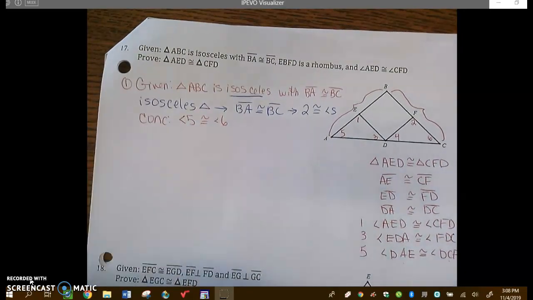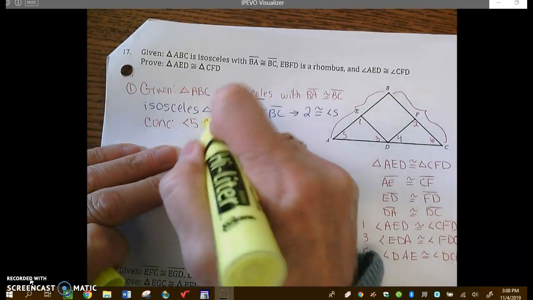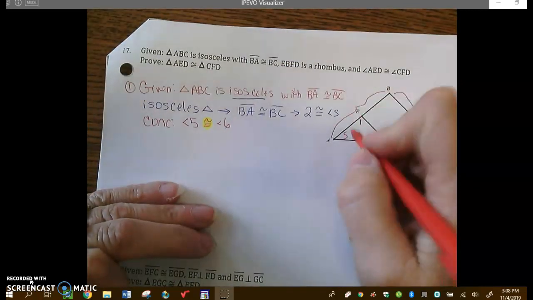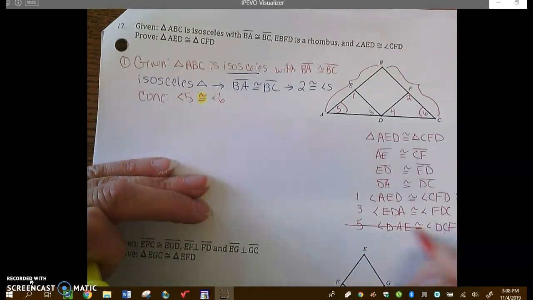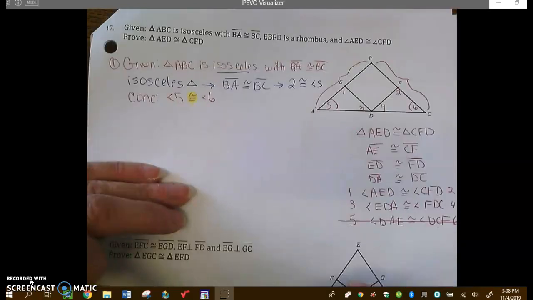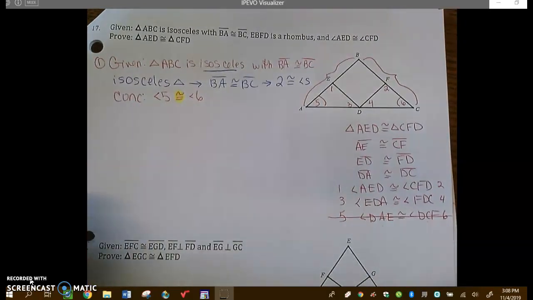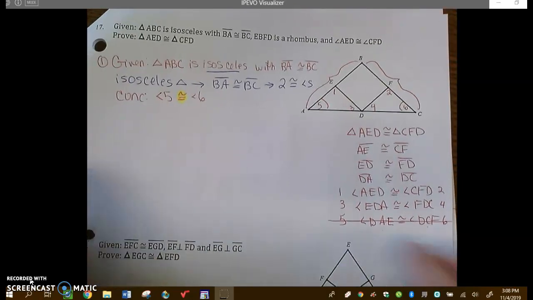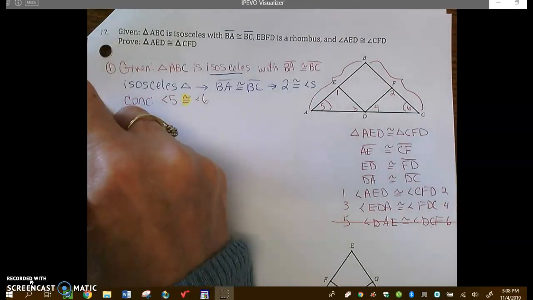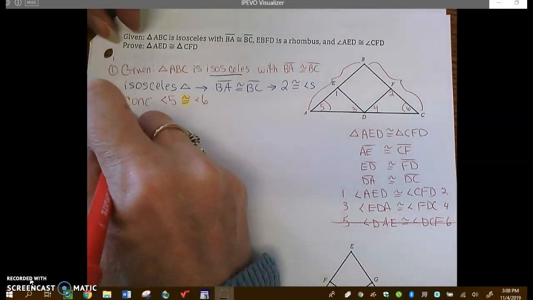All right, I need 3 congruent symbols. I need 3 congruent markings in one triangle and matching markings in another. So I'm putting in my arc marks and I'm crossing off the list that one pair of angles that's congruent. All right, that's done.